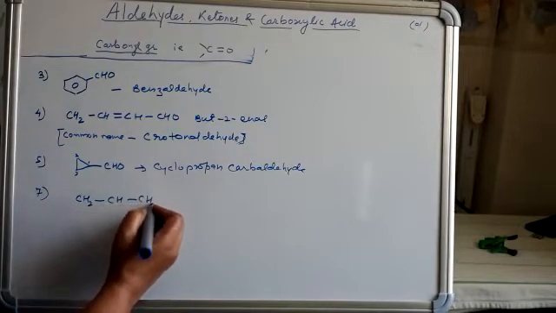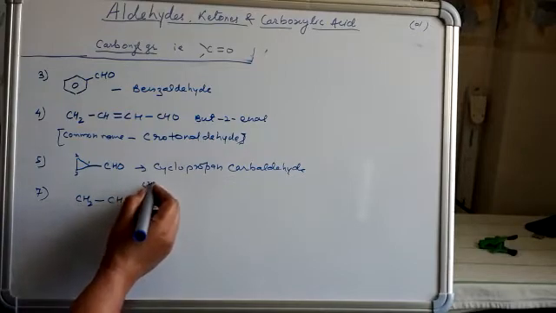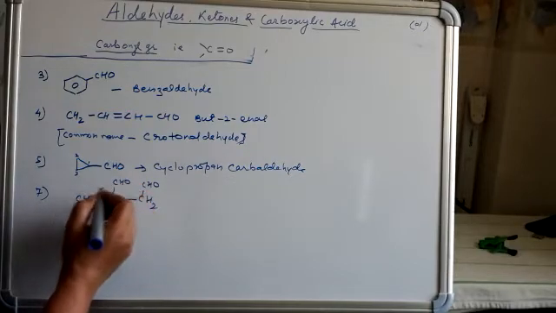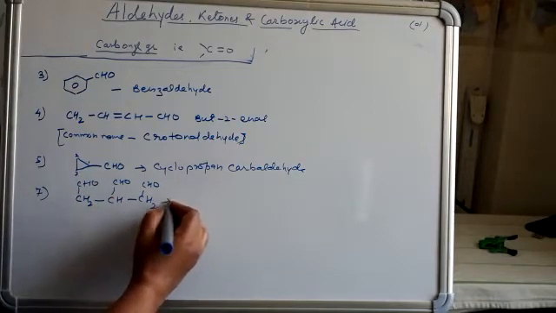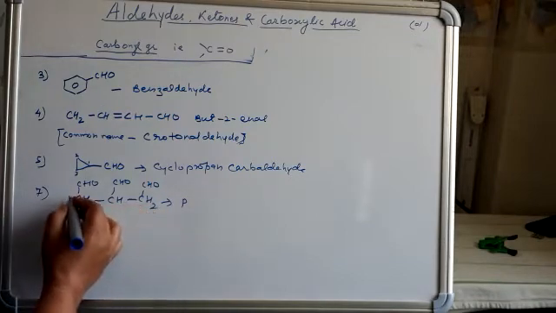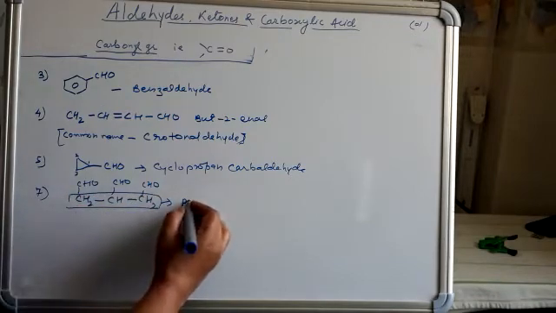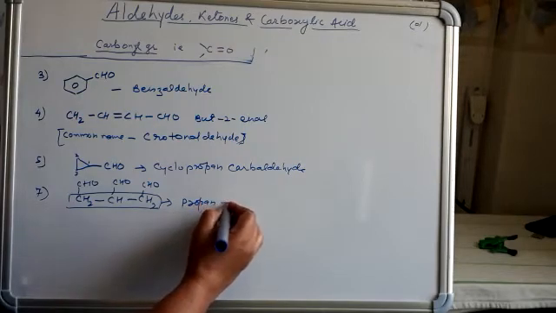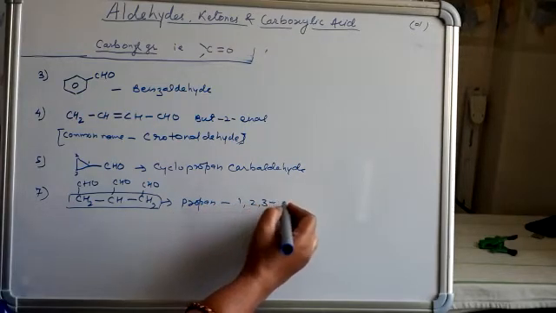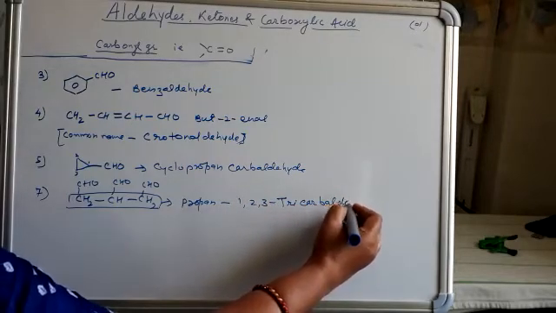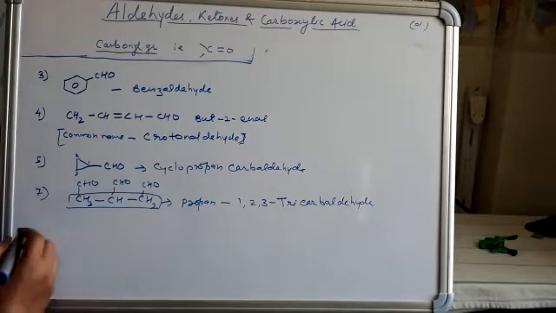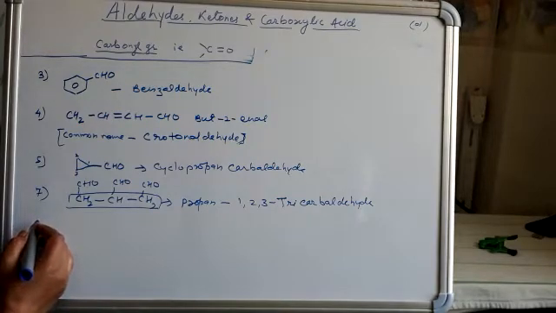If this type of compound is present, the IUPAC system names it propane-1,2,3-tricarbaldehyde. Nomenclature of aldehyde and ketone we have already studied in class 11; here only a few examples we will discuss.